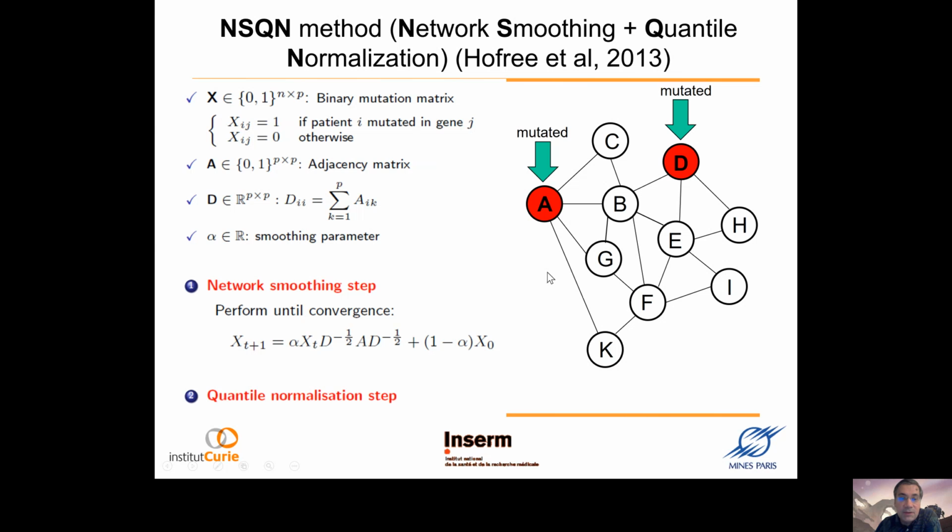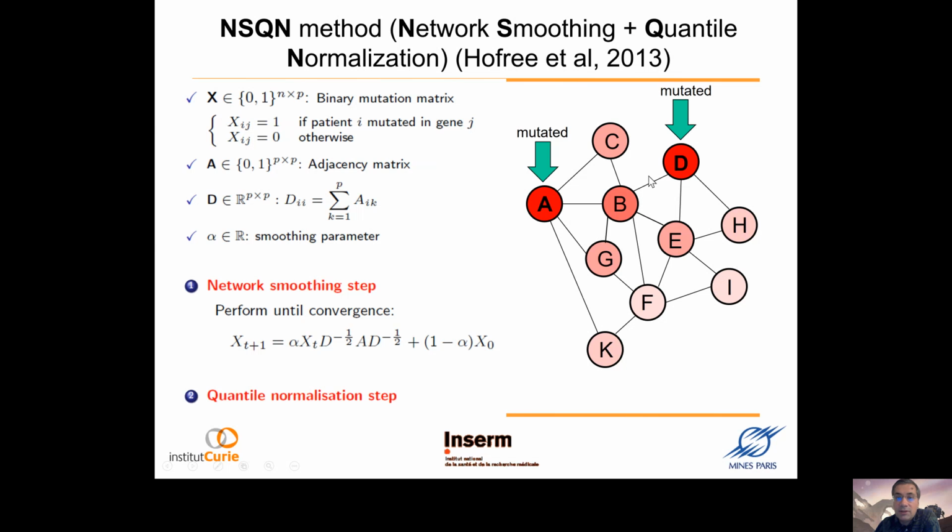And then you apply this simple iterative formula in which you iterate the spread of the mutations on the neighborhood of the graph by a process which can be called a random walk, which in the end produces some non-zero values on the rest of the network, such that those nodes which are located in close neighborhood of the nodes which are mutated, which represent mutated genes in this case, obtain high values, and those nodes which are located far from any mutated gene obtain smaller values.